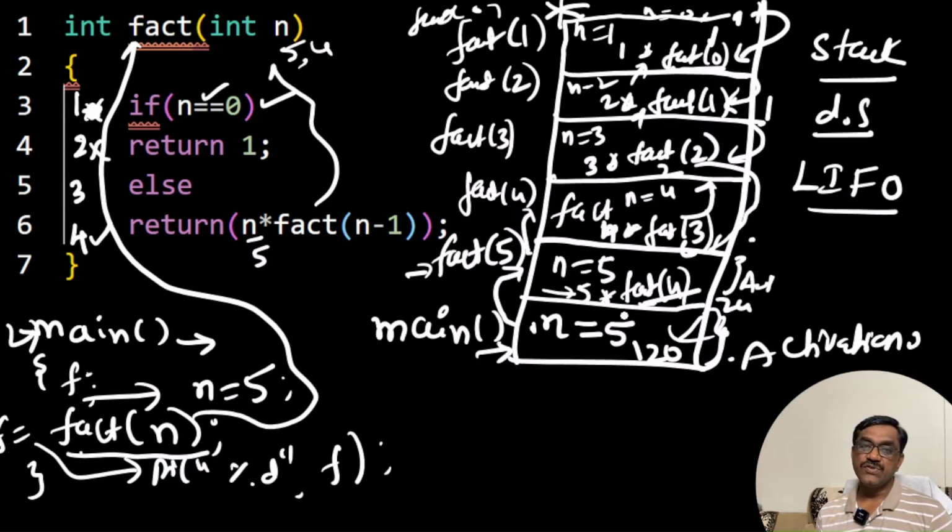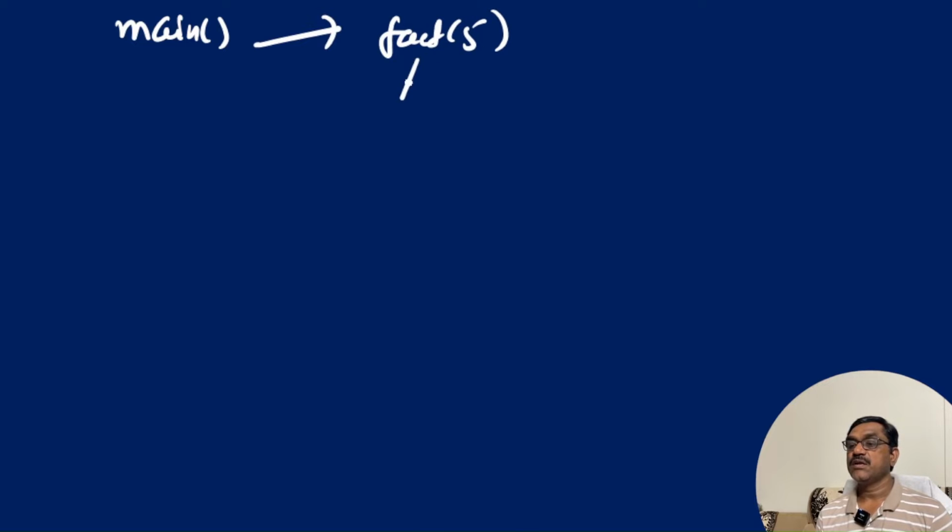So this is the evaluation of the factorial program, right? In one sentence, whenever you call the function from main like this, fact of 5, the execution will be taken. Fact of 5 is divided into 5 into fact of 4, right?